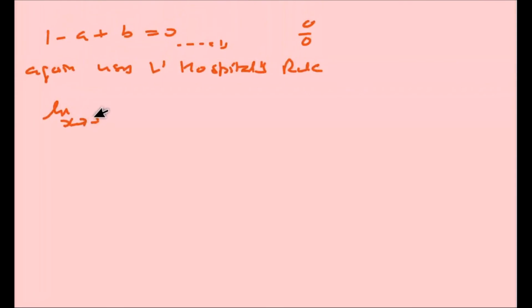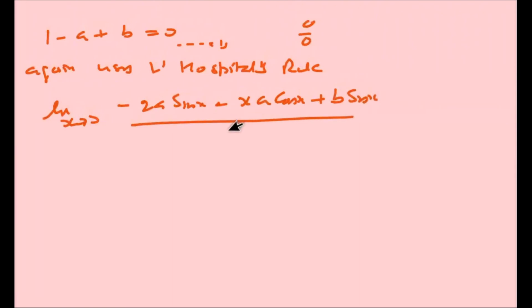Now again using L'Hospital's rule, the limit as x tends towards 0 of (minus 2a sin x minus x a cos x plus b sin x) upon 6x equals 1.